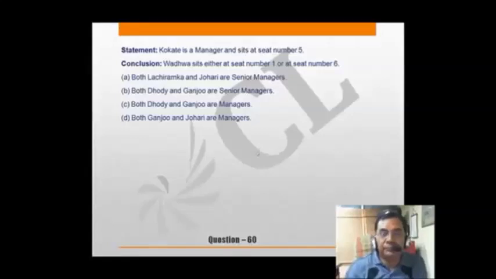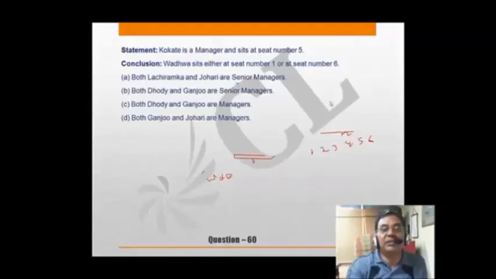Again, I'll make it 1, 2, 3, 4, 5, 6, and this is a manager. Vadhva cannot sit next to Dhodhi. Okay. Vadhva sits at either seat number 1 or seat number 6. Now the simple case: both Lachi Ramka and Johari are senior managers.